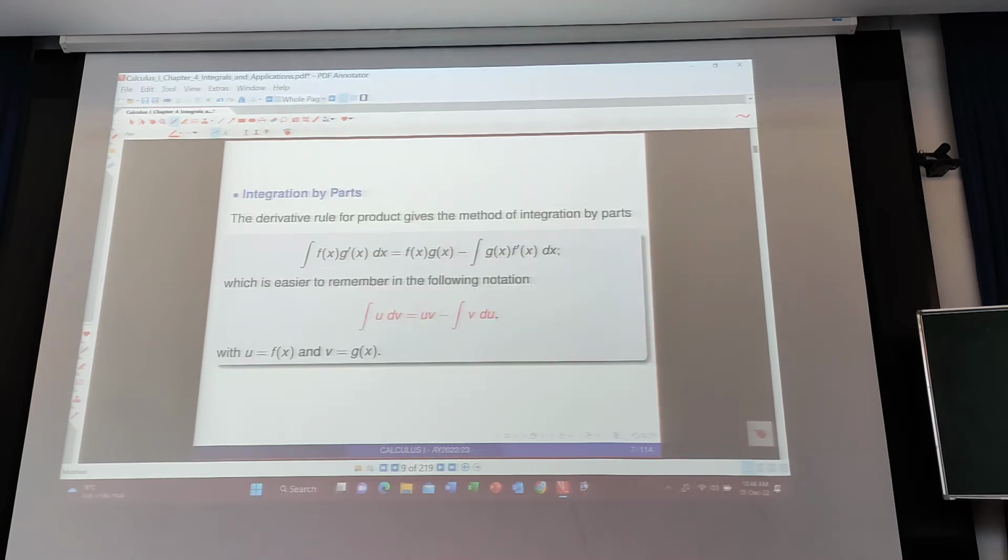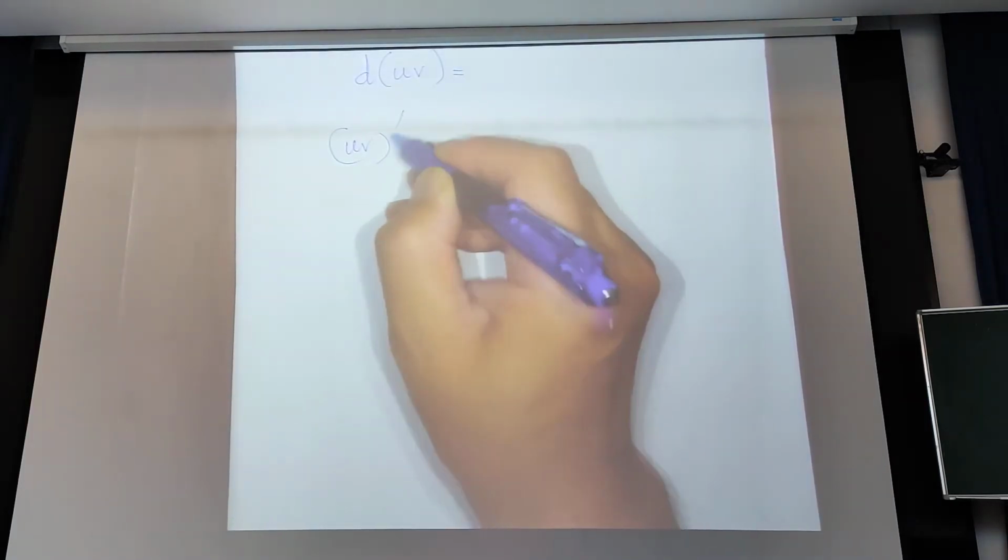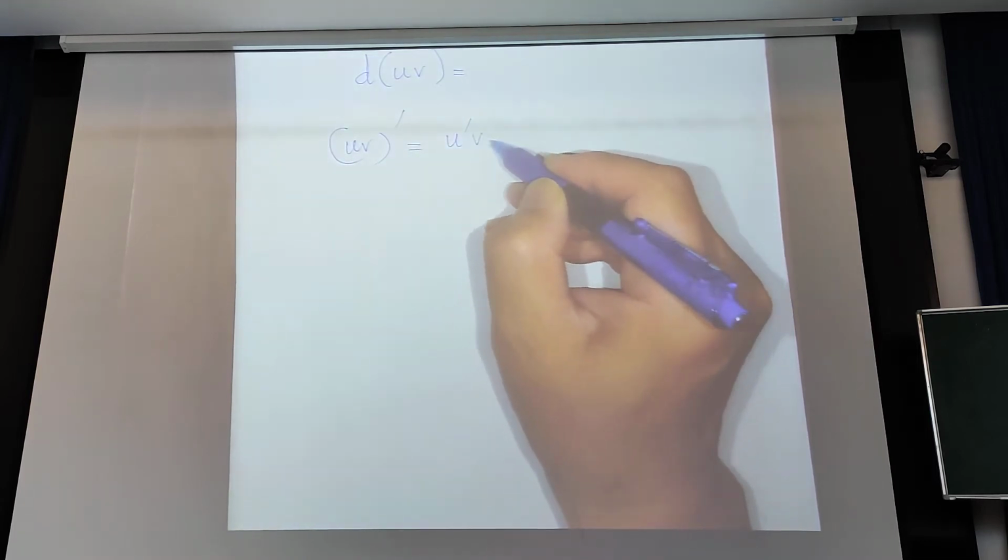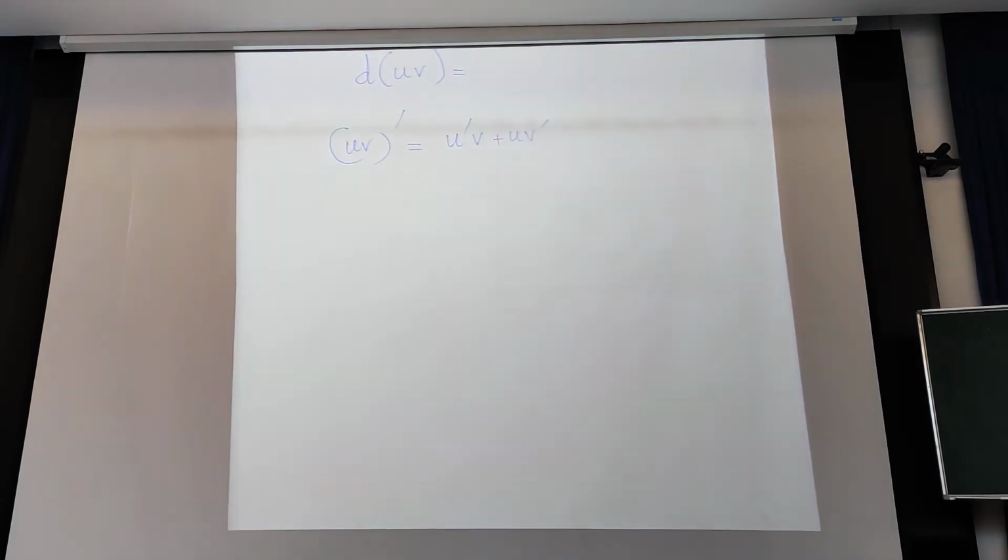The second one, IBP, integration by parts. The idea of this is, if you remember the derivative of the product, when you take the derivative or differential of the product, (uv)' is u'v plus uv', right?